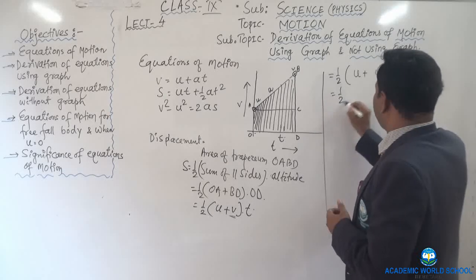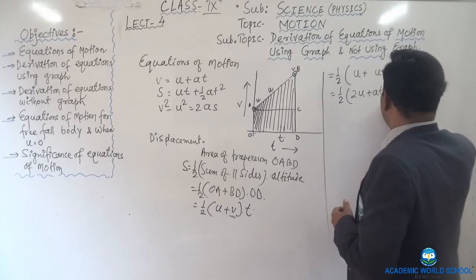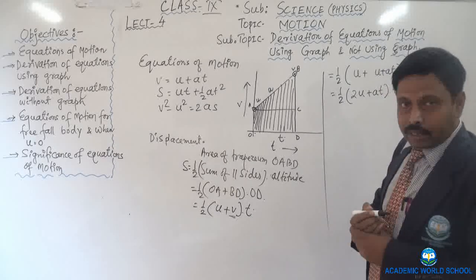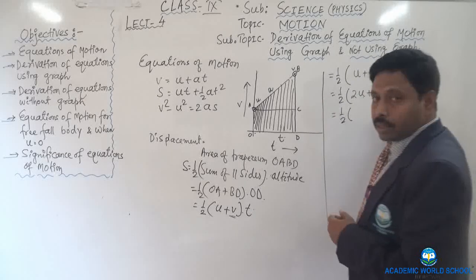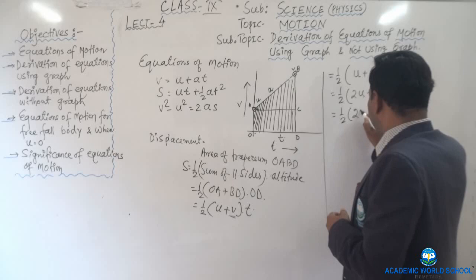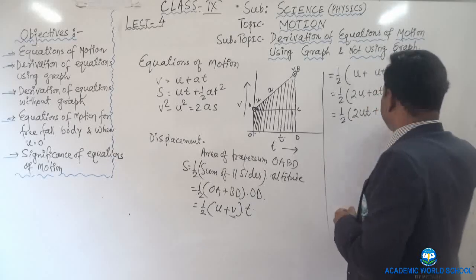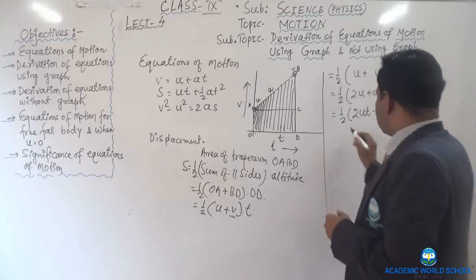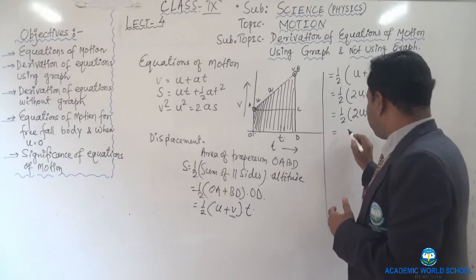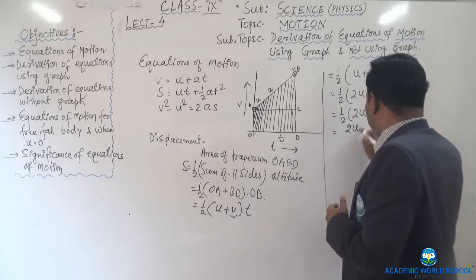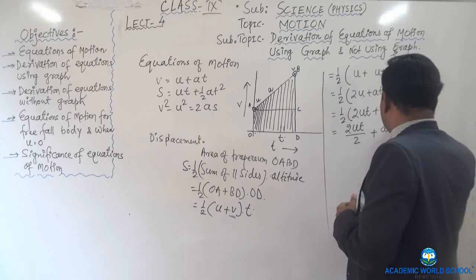Okay? Then you see half into u plus u, 2u plus at, into t. Right? Then multiply 2u into t, that's equal to 2ut, and at into t, at square. Understood? Now multiply the content inside the bracket with half. So what will it be? 2ut upon 2 plus at square upon 2.